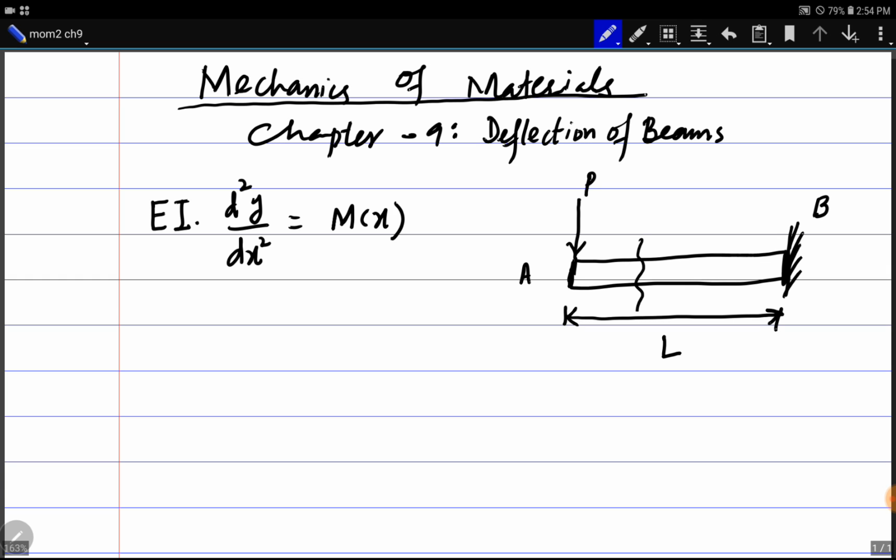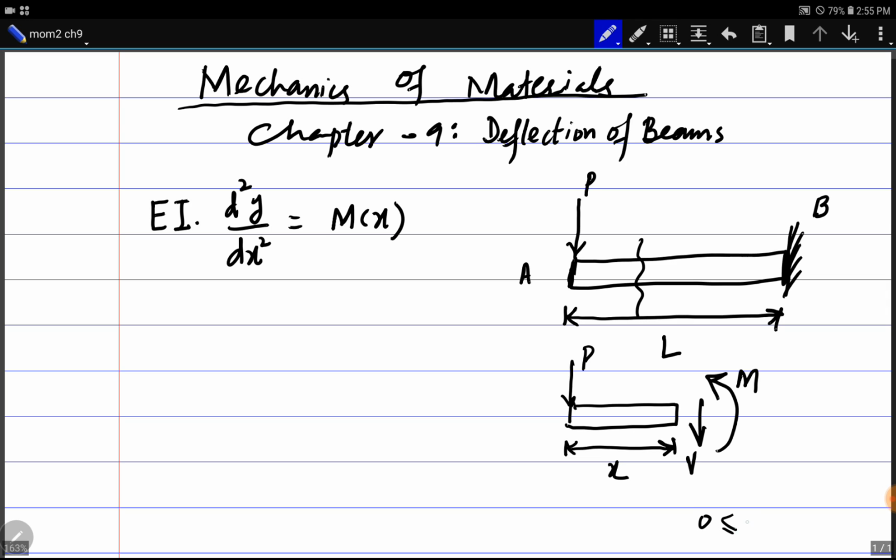We have to section this beam between A and B. Total length of the section is x. Here will be shear force and a moment. X varies between 0 and L. Okay.